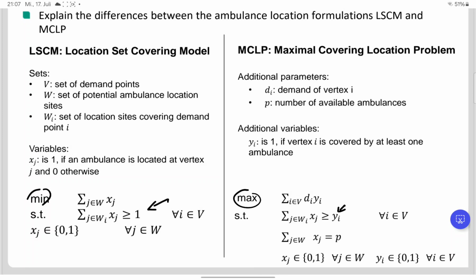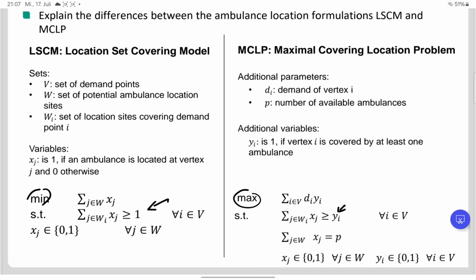So that means at the end, we could end up with a higher number of ambulances than needed in comparison to the maximum covering location model, where the number of ambulances is given beforehand. Okay, so if the decision maker knows anyway, we cannot assign more than 10 ambulances, because we don't have the budget or something like this, different types of restrictions, it could happen that we might not cover every demand node, and so therefore the objective function is also different.